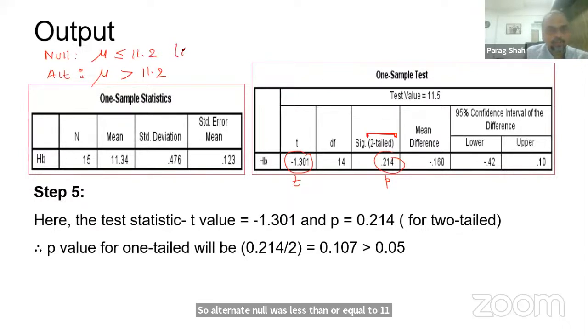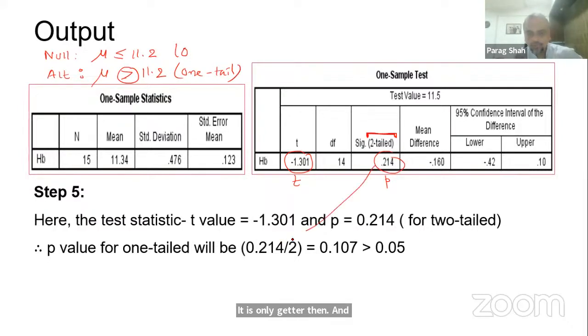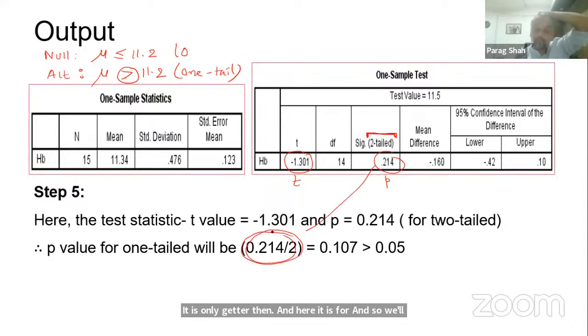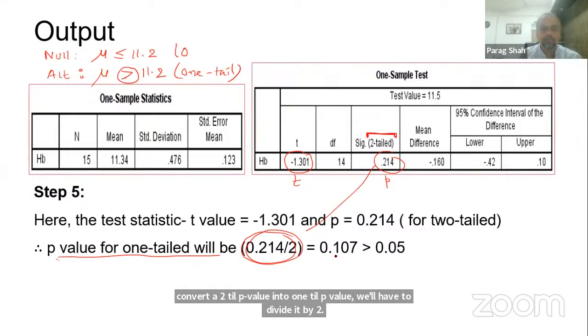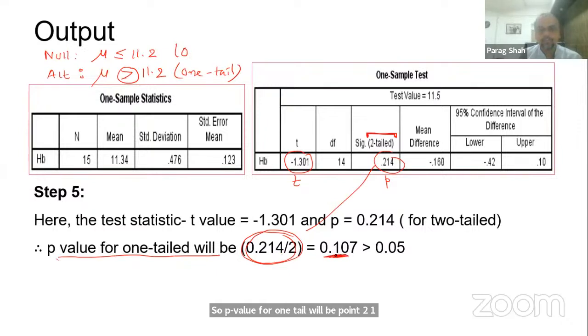So this is actually one tail. Our alternative is one tail. It is only greater than. And here it is for two tail, so we'll have to divide it by 2. To convert a two tail p-value into one tail p-value, we divide it by 2. So the p-value for one tail will be 0.214 divided by 2, that is 0.107.